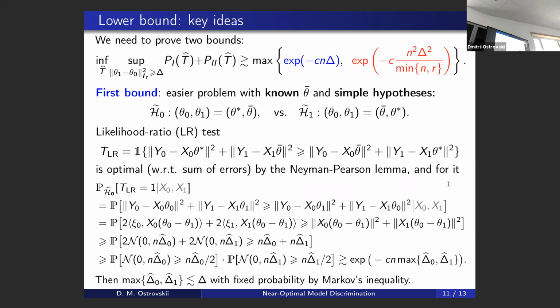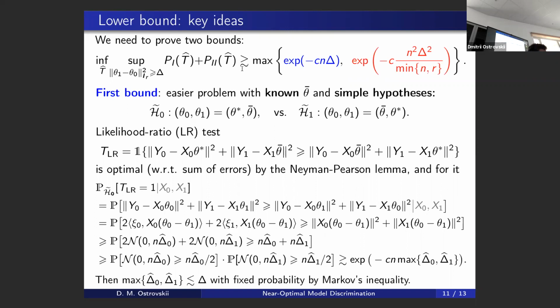Let me just briefly go over the lower bound. For the lower bound, essentially we need to lower bound the sum of the two errors, the first and second type. So we use the standard minimax setup.